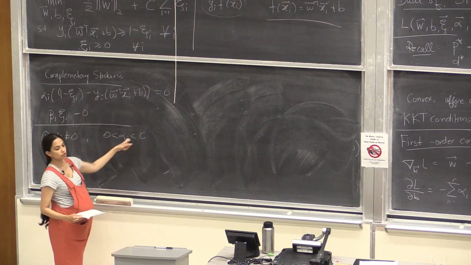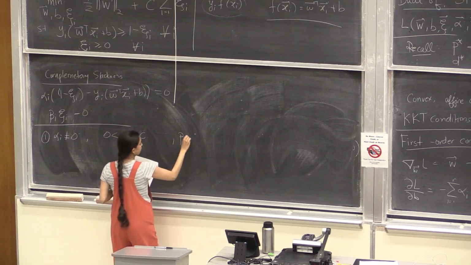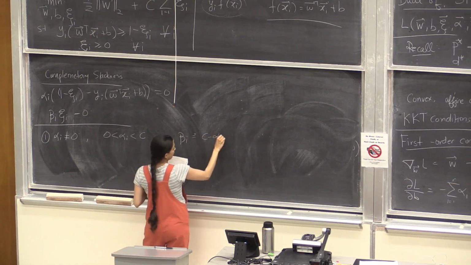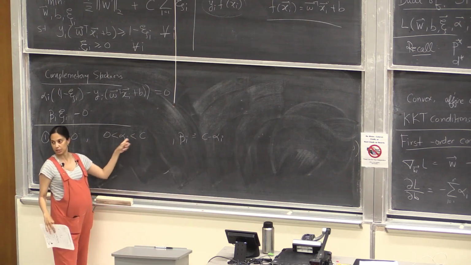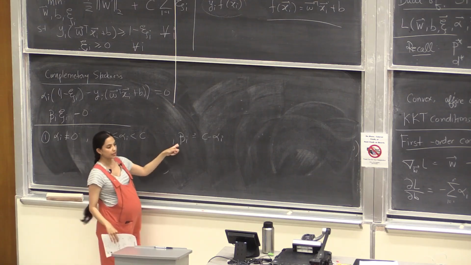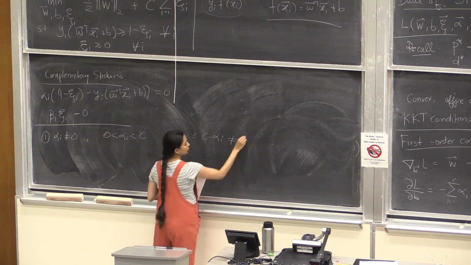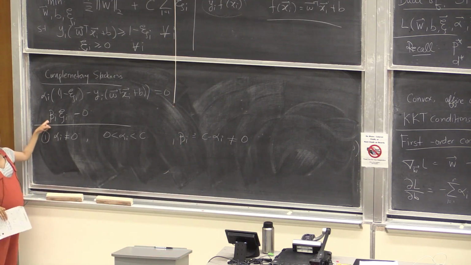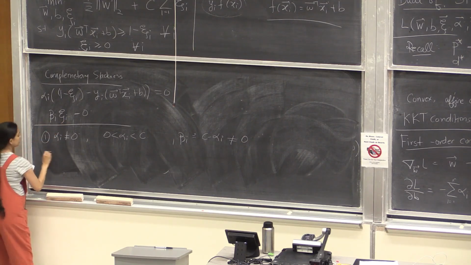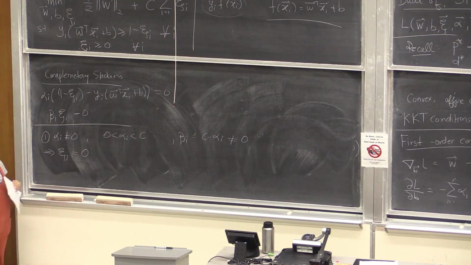I know that C is not equal to alpha i, and I know beta i is equal to C minus alpha i. So if I assume alpha i is distinct from my constant C, what does it tell me about beta i? Beta i is therefore not equal to 0. If beta i is not equal to 0, what can I conclude about psi i? This implies that psi i must be 0.